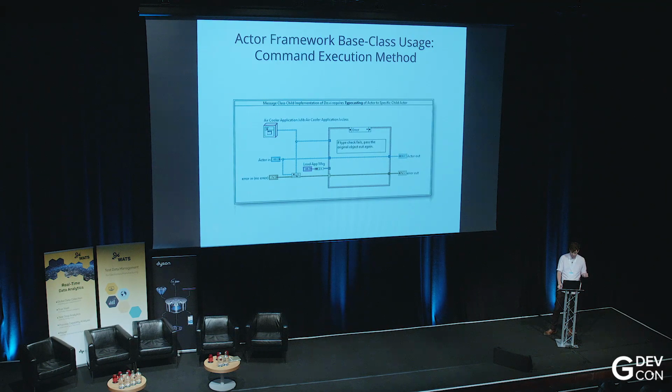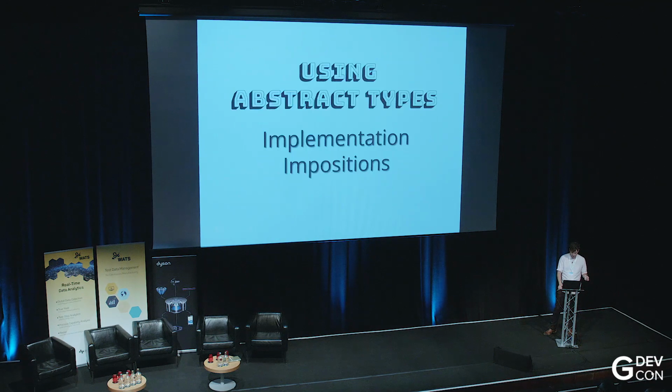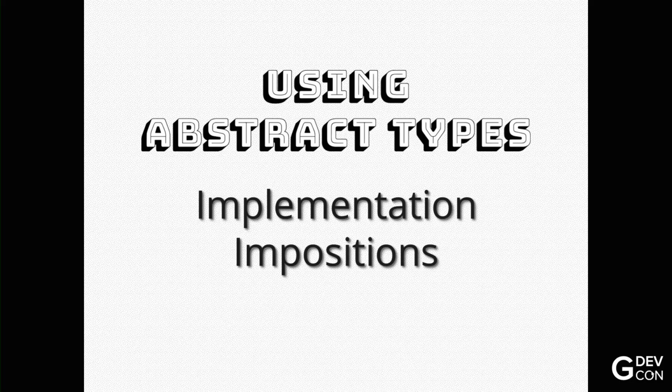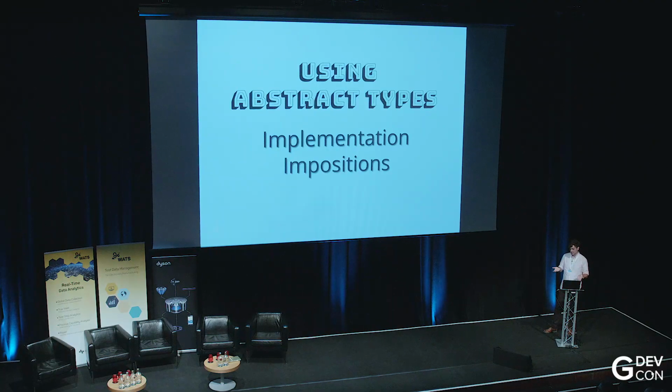So another area where we might be using these abstracted types is when we're hamstrung by the implementation we've chosen. Typically, when we try and create a library, we want to hide all the nitty-gritty of how it's doing what it's doing underneath our sub-VIs. But it's difficult, or inevitable, or you've chosen a model where you will leak details of the implementation up to your top level.